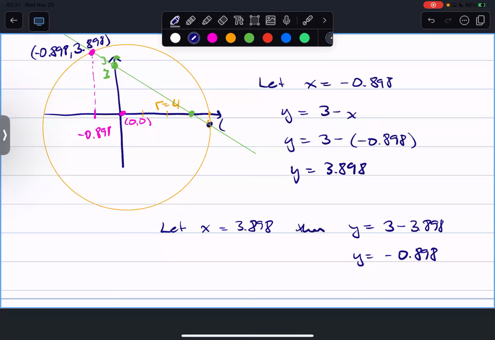And so here, this is at 3.898, negative 0.898.